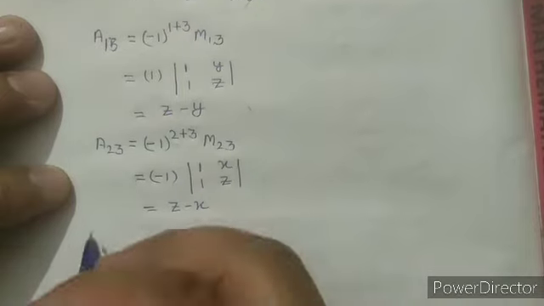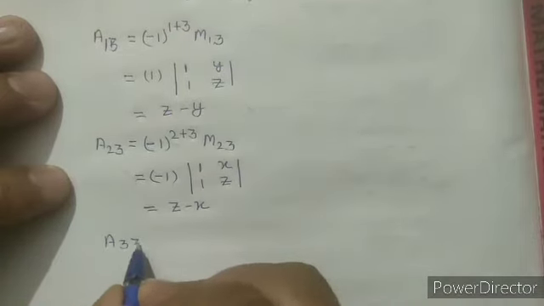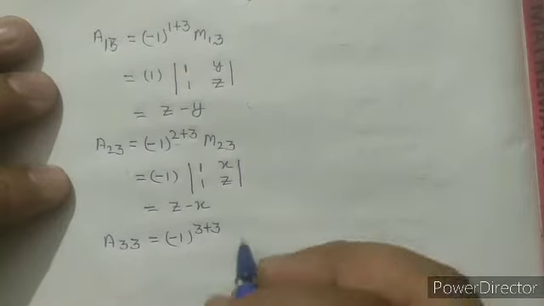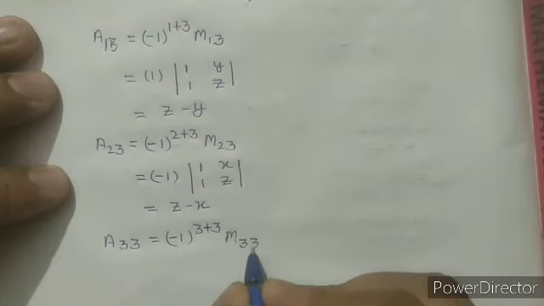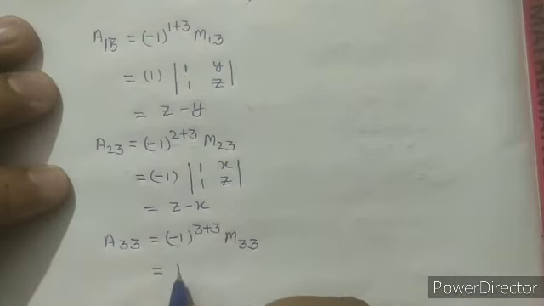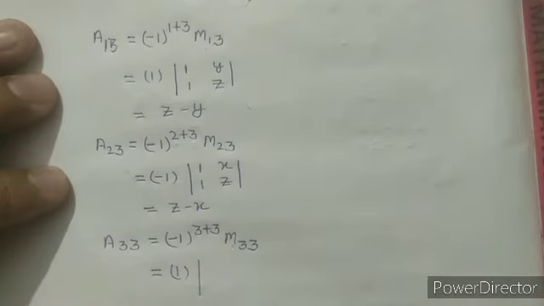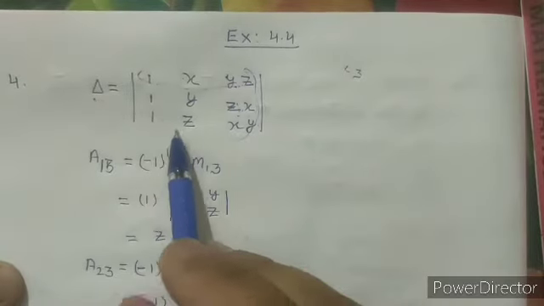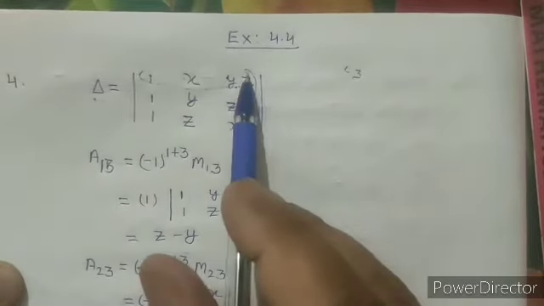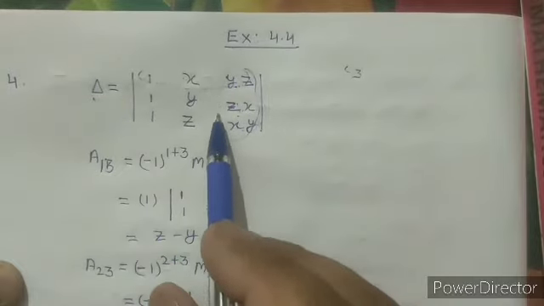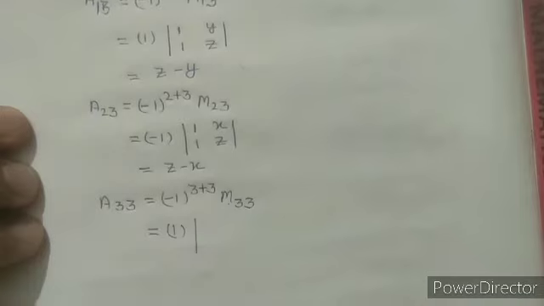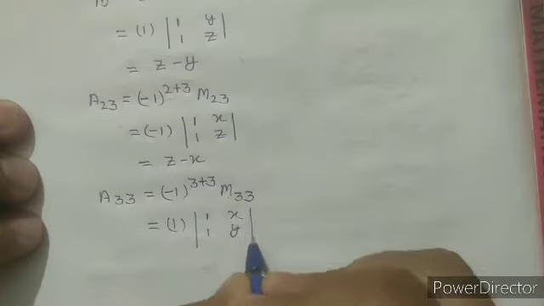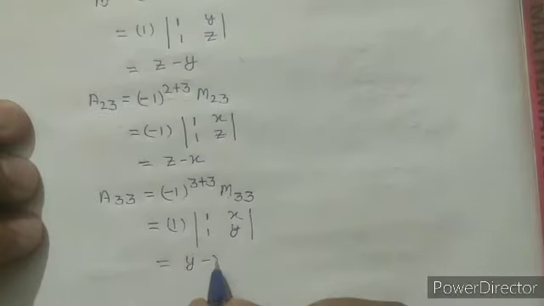Now the cofactor A33 will be equal to (-1) raised to power 3 plus 3 into the minor of 3 3. Now (-1) raised to power 6 will give us 1 into the minor of 3 3, the minor of xz. On eliminating the third row and third column we will get |1 x; 1 y|, and on solving this we will get y minus x.